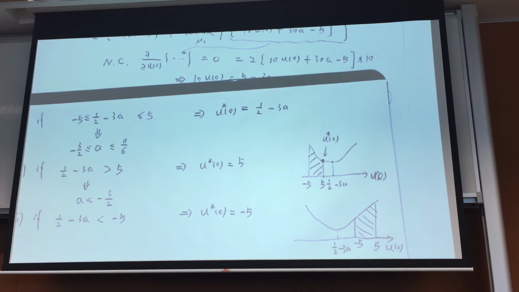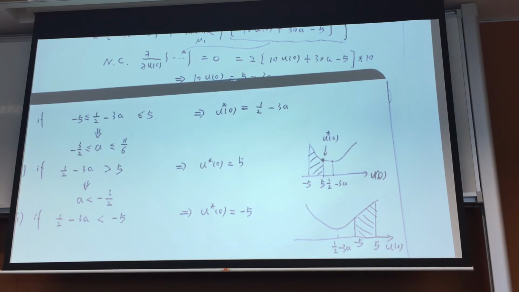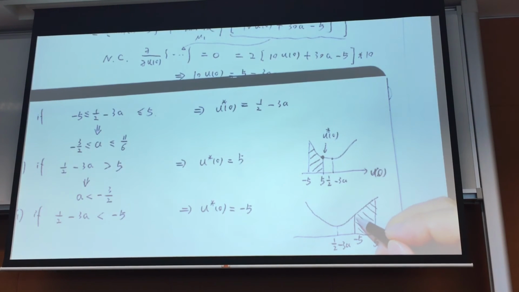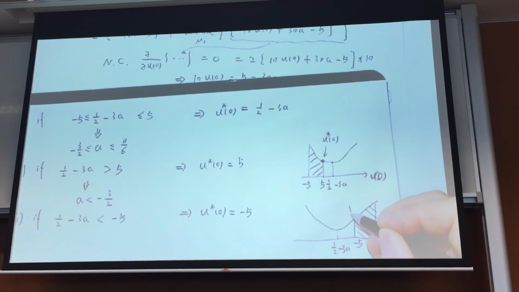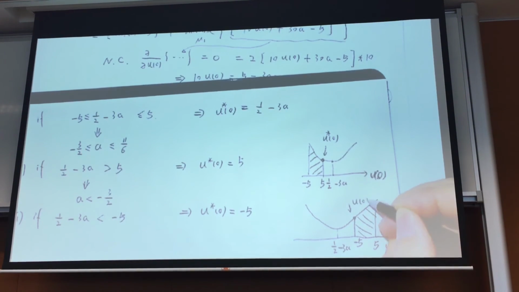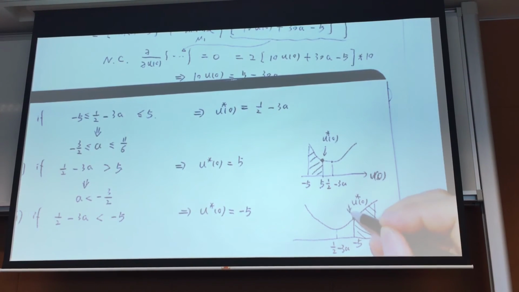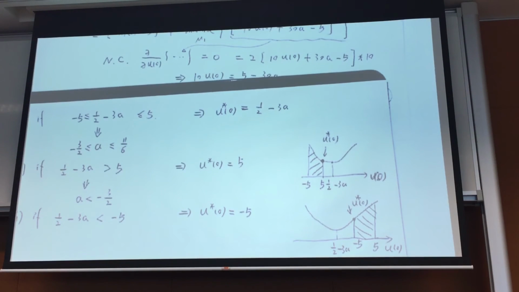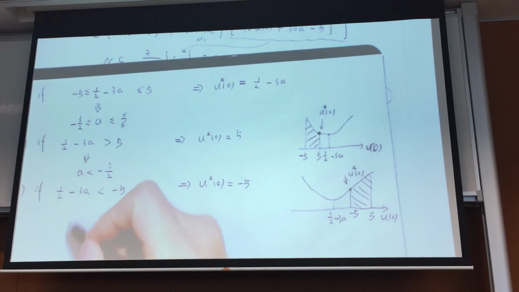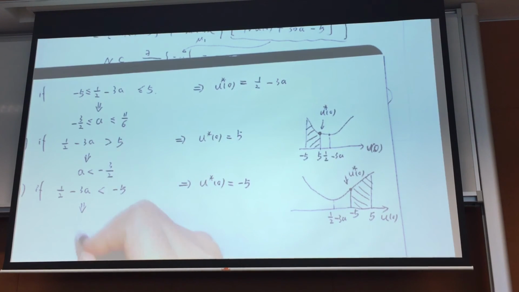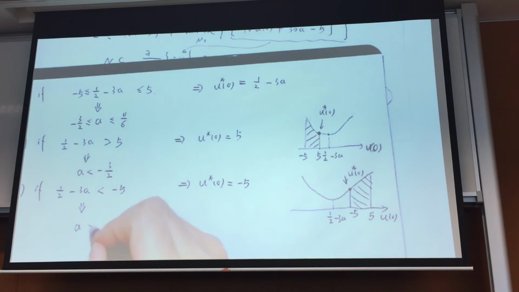So these are the situations. The global minimizing point is smaller than minus 5, so this will be the u0 star. If you rearrange this equation, you will know this is equivalent to a is greater than 11 over 6.